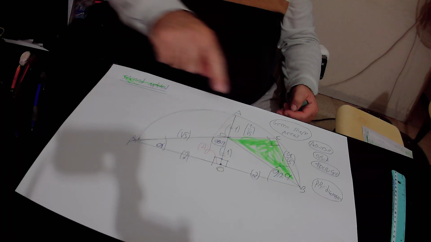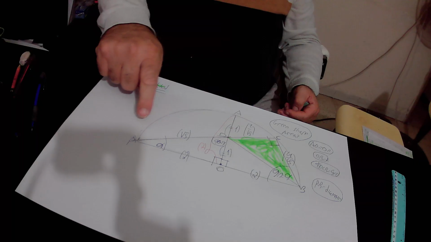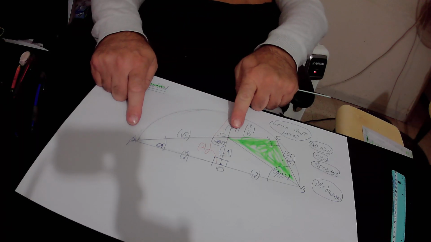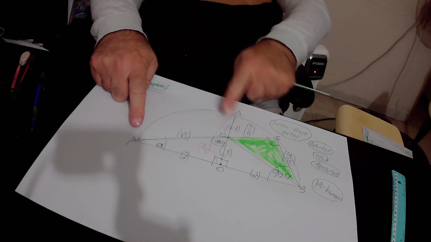So, by doing the construction, we get the right triangle PDO. As I already mentioned before, the hypotenuse PD equals the square root of 5.